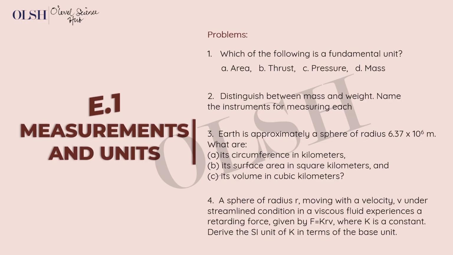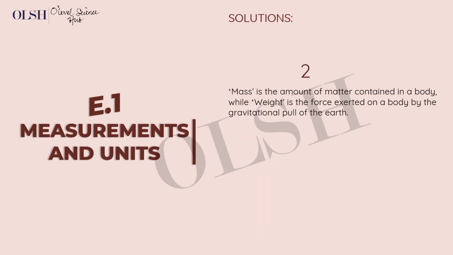Moving to the second one, it says distinguish between mass and weight. Name the instruments for measuring each. Mass is the amount of matter contained in a body, while weight is the force exerted on a body by the gravitational pull of the earth.